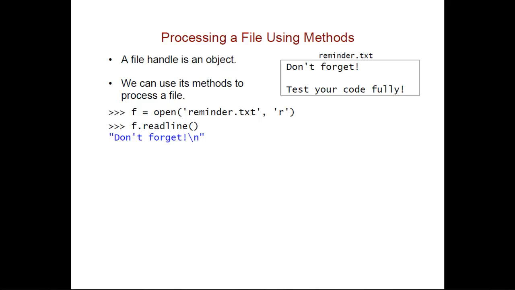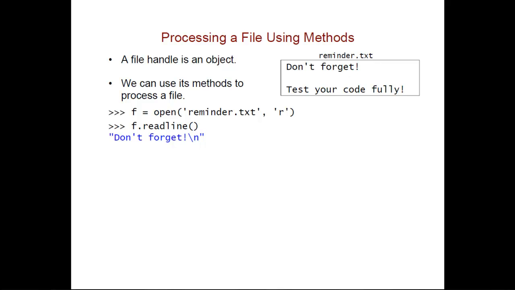So one of them is called readLine. It takes no inputs, so you can see we have empty parens, and it gives you back the next line in the file. The first time that you call it, you're going to get the first line, so you can see we're getting the first line of reminder.txt, this line up here, and notice how the new line is there in the context of that string.